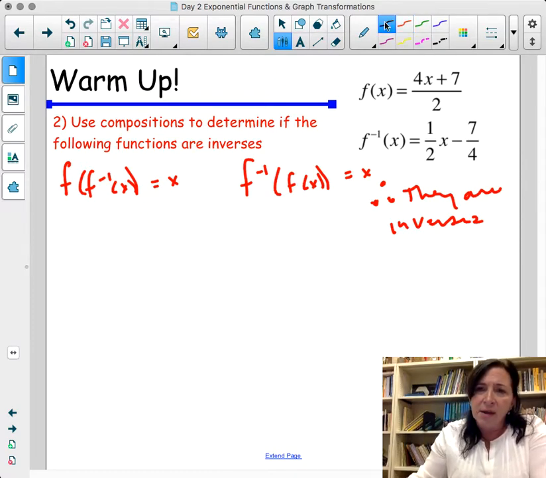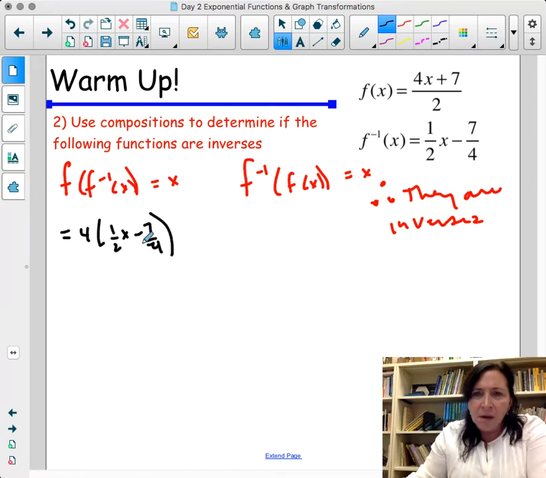So let's do that. For my f of x equation, there it is right there, I'm going to plug this into that. So in doing that, I'm going to go 4 times x. Well, x is now 1/2 x minus 7/4. Let's see here, 4x, and then add 7 all over 2.